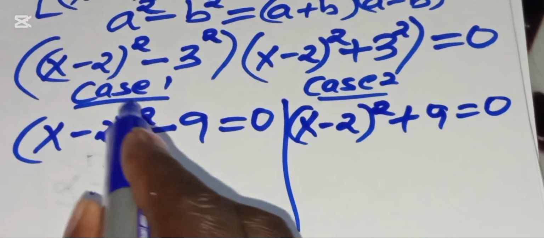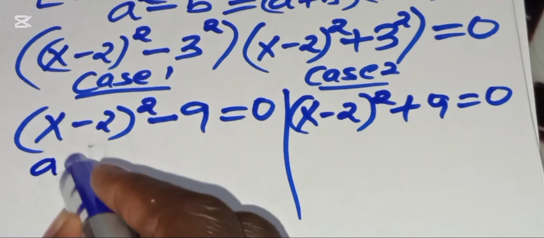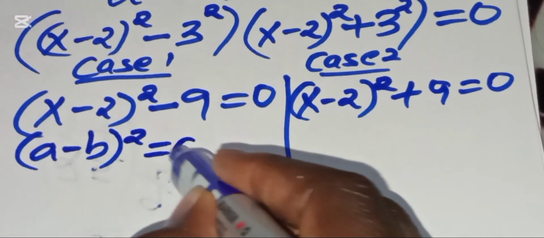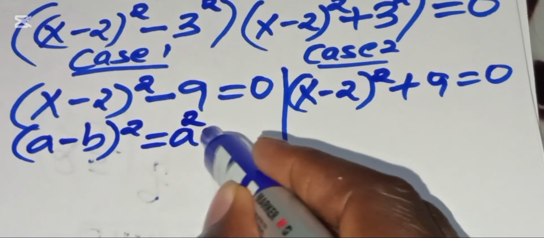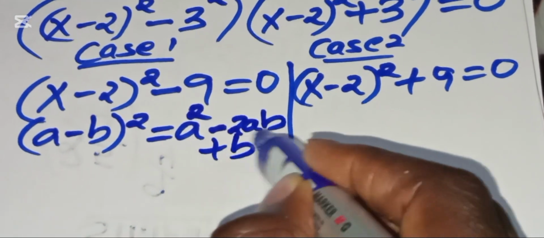So (x minus 2) raised to power 2 is in the form of (a minus b) squared, which you can express as a squared minus 2ab plus b squared.